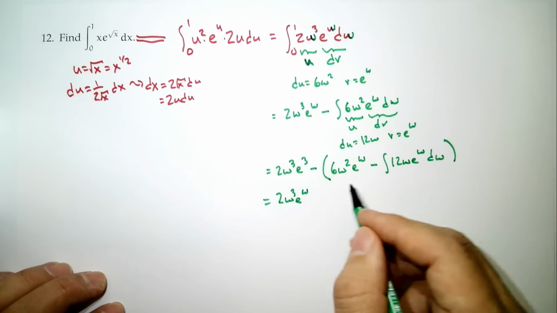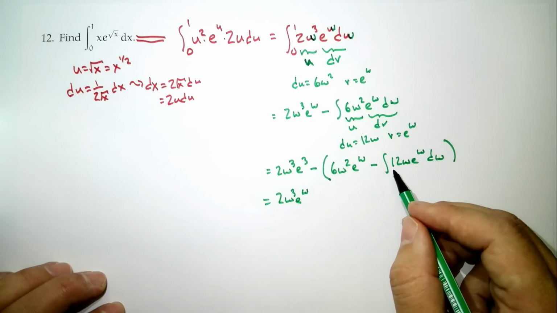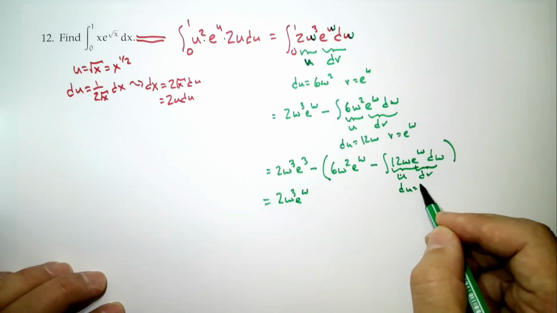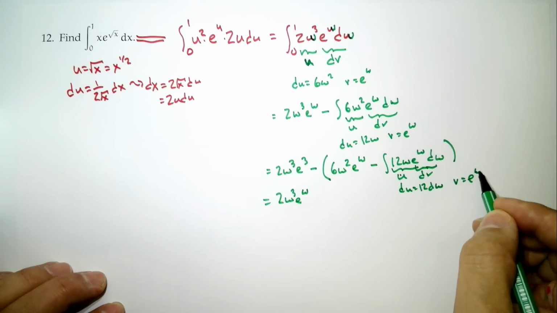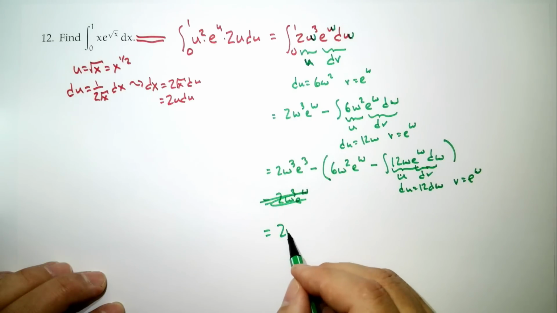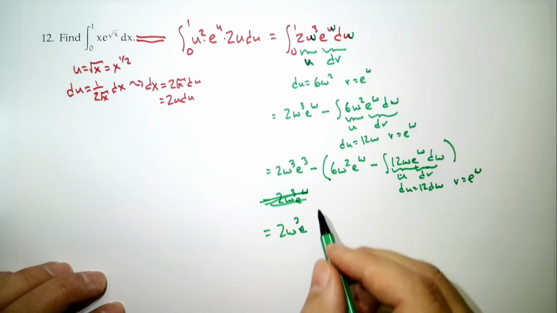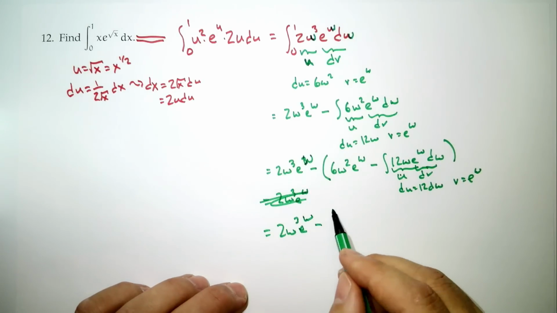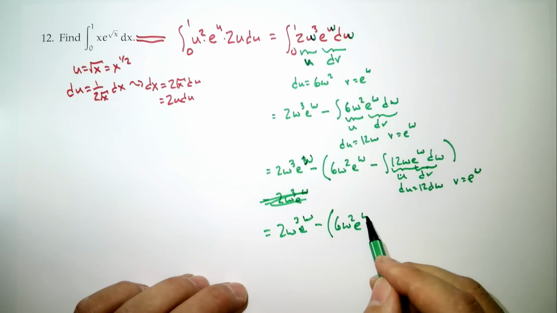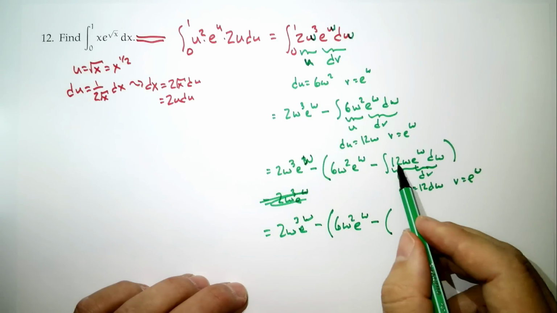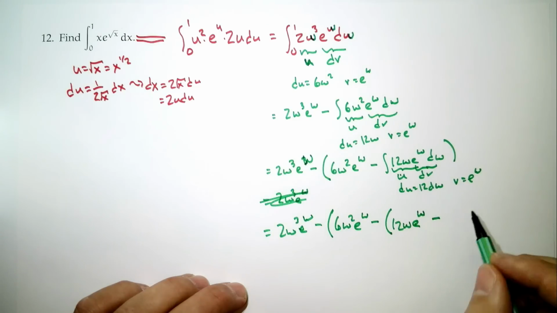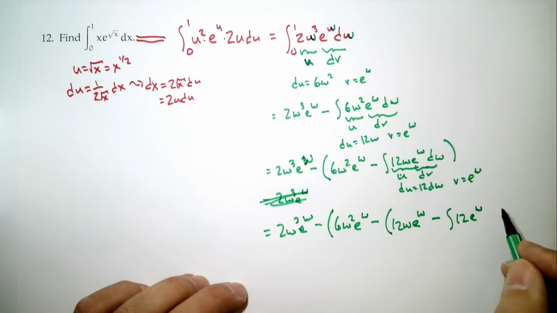We still need to do this one more time. There's our u, our dv, du will be 12 dw, v will be e to the w. So let me move this down. 2w cubed, that should be w, I am sorry, e to the w minus, parenthesis, 6w squared e to the w minus, parenthesis, 12w e to the w minus the integral of 12 e to the w dw.